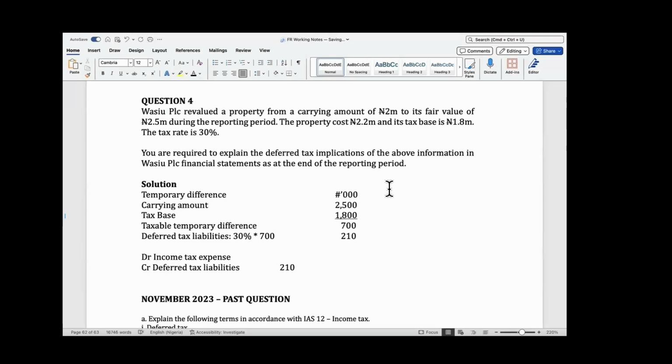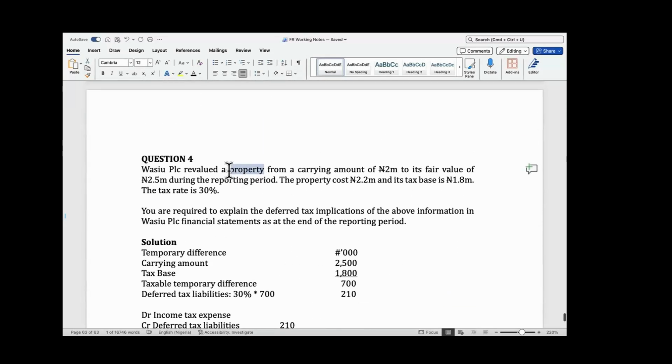Well, am I going to debit it with 210? Now, I have to be very careful because some of this amount was arising from fair valuation and it is a property.